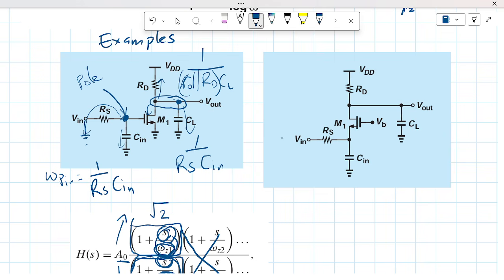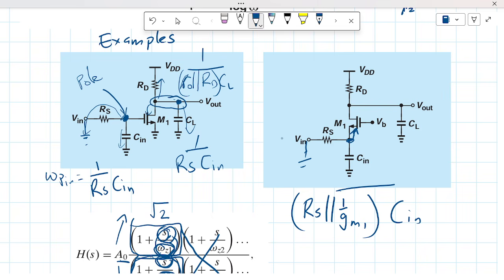Let's try another example. Looking at this node right here, what will be the pole that we can get from this node? You set all this to 0, then the resistance seen is going to be Rs in parallel with 1 over gm1, because we know the resistance seen at the source is 1 over gm from what we've already studied, all times C_in.